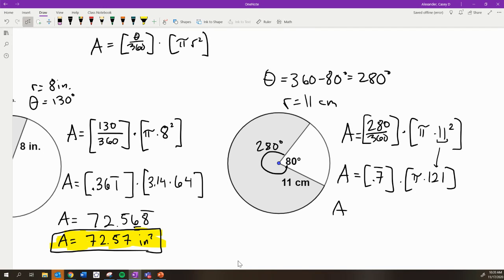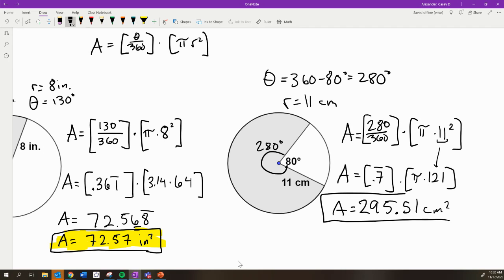Great. And then chug it through your calculator, and I believe that you get the final area. Here, let's just make sure that I'm right. So 28 over 36 is 0.7 repeating, times 3.14, and then times 121. And so I got 295.51. You can check that on your calculator if you like, but that's how we got that area.